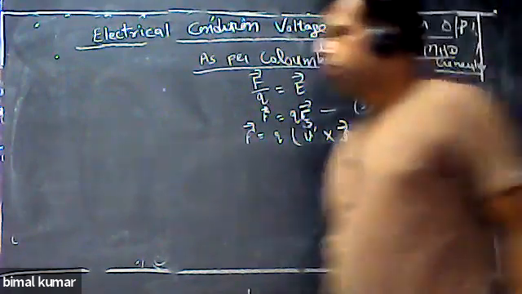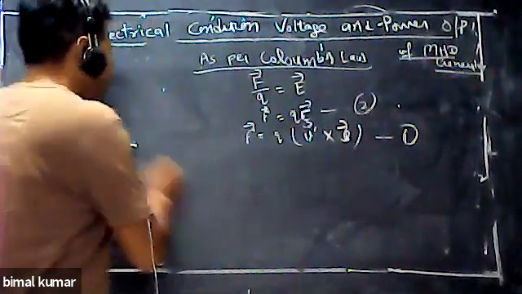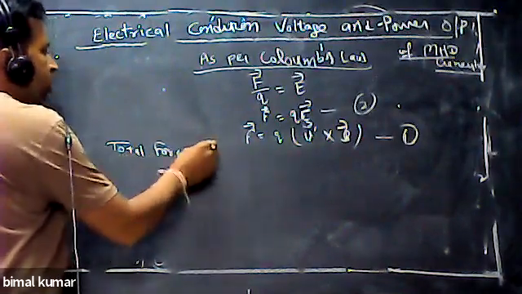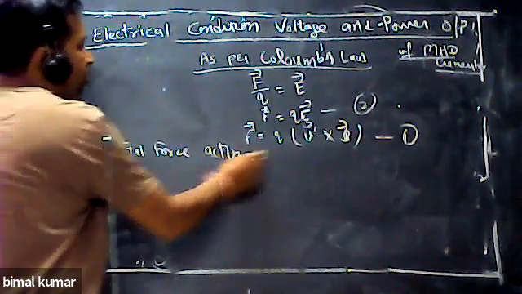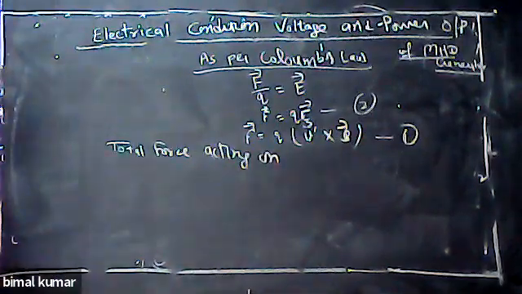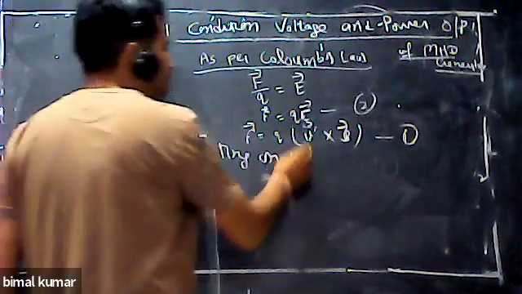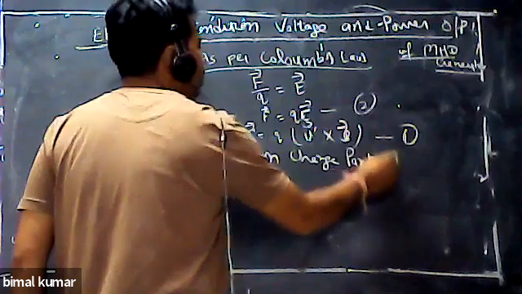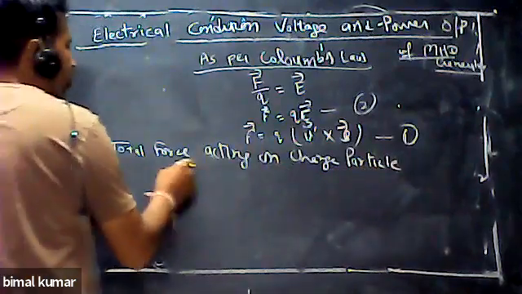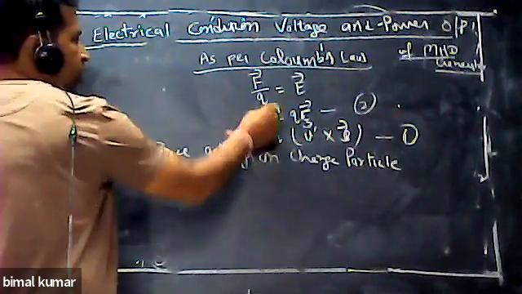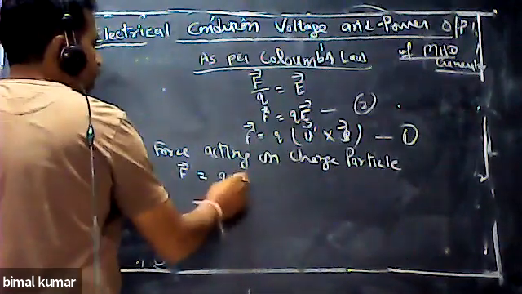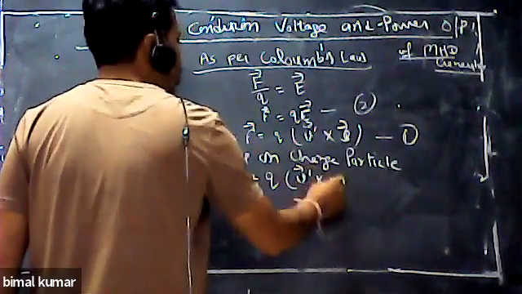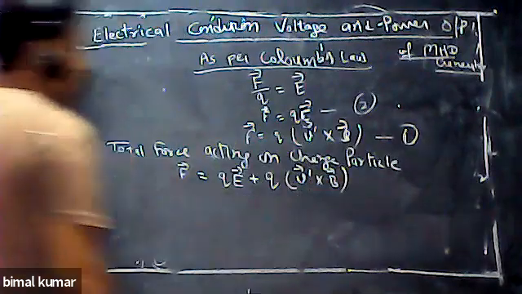That means the total force acting on the charged particle will be given by F is equal to QE plus Q into V dash cross B, right?